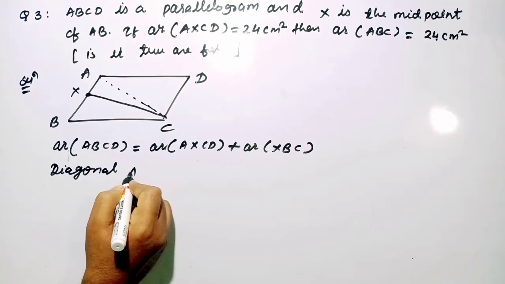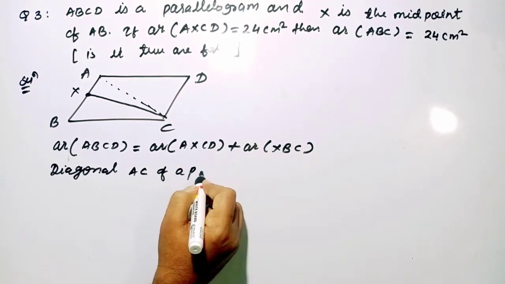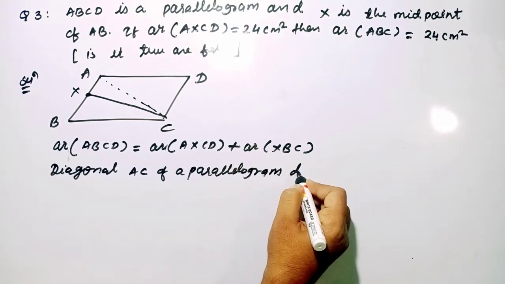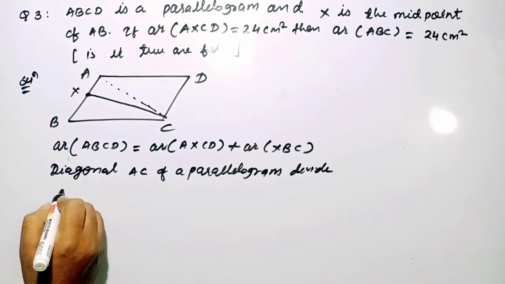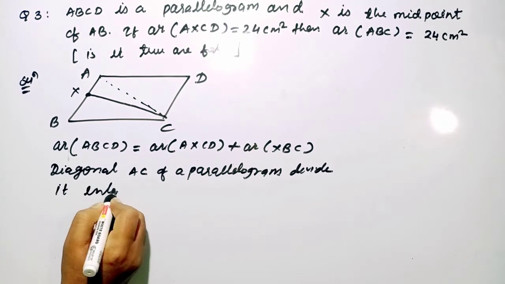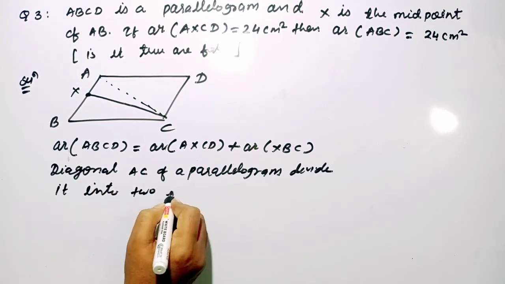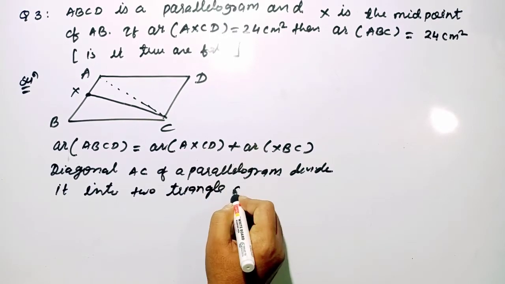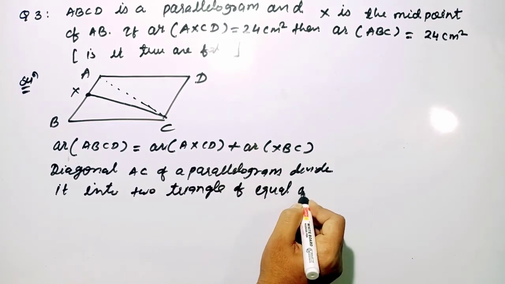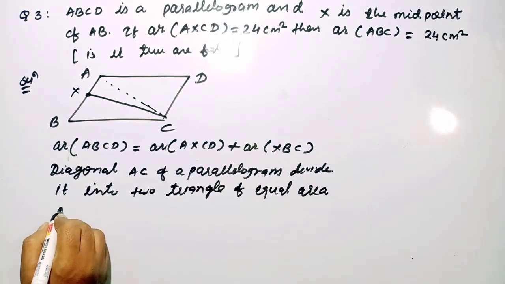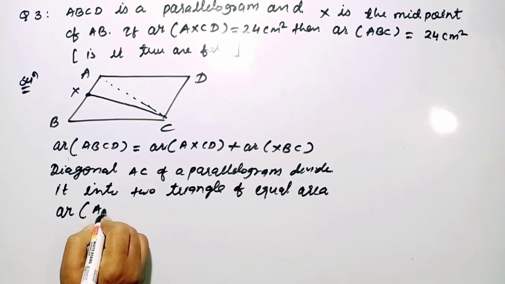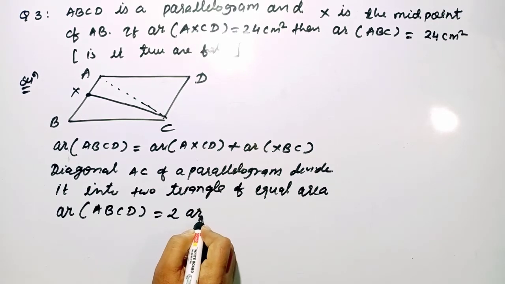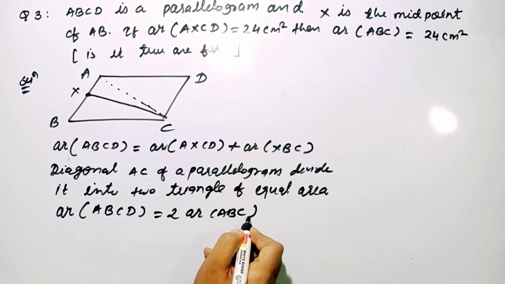We know that diagonal AC of a parallelogram divides the parallelogram into two triangles having equal area. So the area of ABCD is equal to twice the area of ABC.